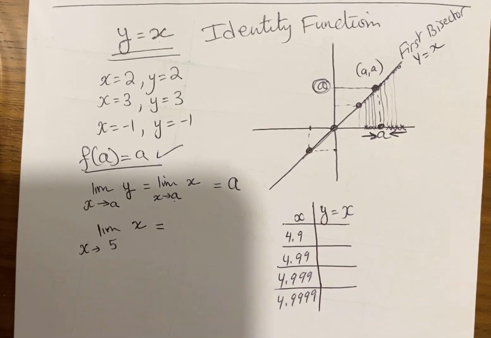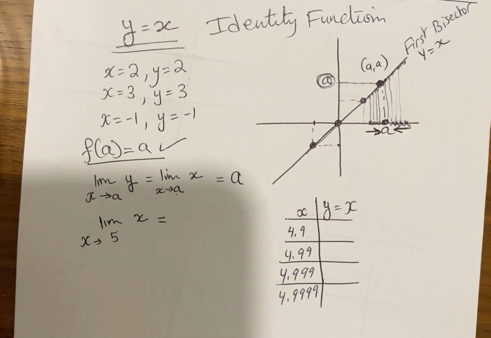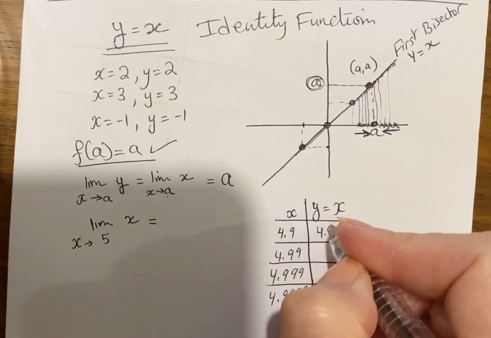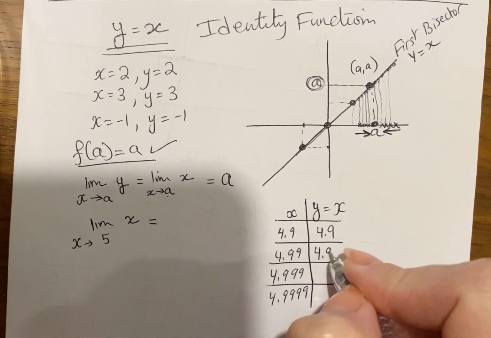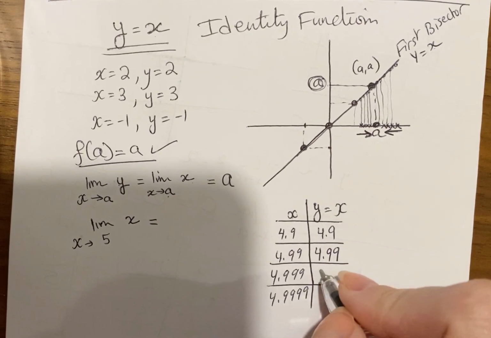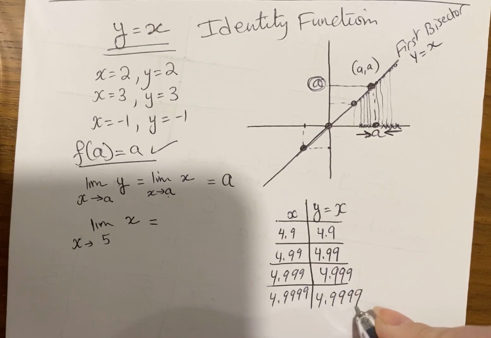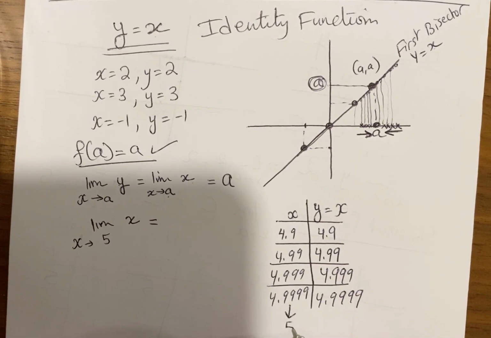The function looks like y equals x. So if x is 4.9, then y is also 4.9. If x is 4.99, y is 4.99. Then 4.999 and 4.9999. So you notice as x approaches 5, what are the y values approaching?